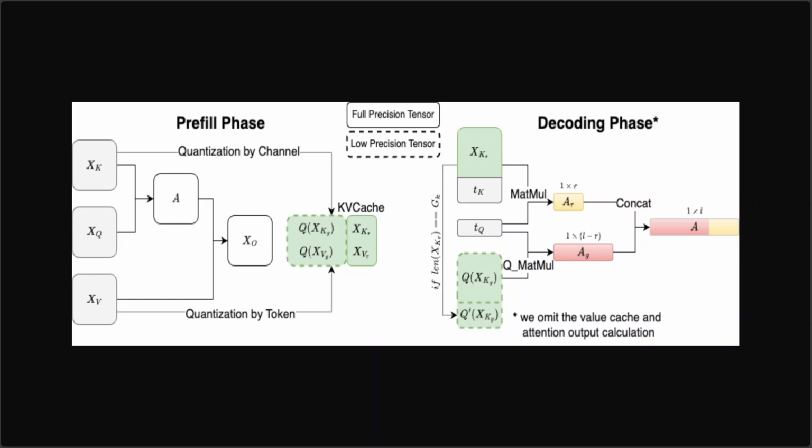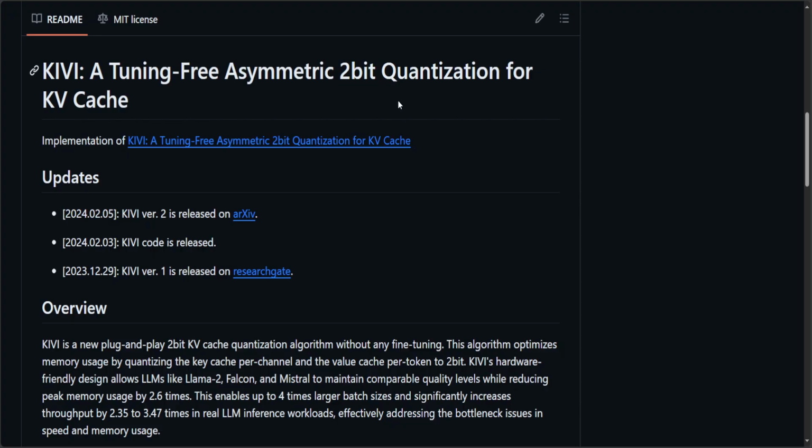The researchers who have created this, and I'll again drop the link in the video's description, have found that the key cache should be quantized per channel. That is, group elements along the channel dimension and quantize them together. In contrast, the value cache should be quantized per token. And that is where they have developed this tuning free 2-bit KV cache quantization algo called Kiwi.